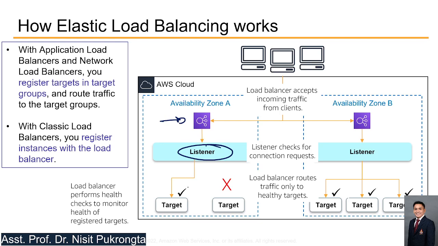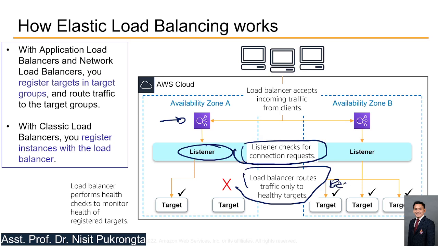The listener will check for connection requests, and the load balancer routes traffic only to healthy targets. For example, if the target is EC2 and it is running, the load balancer will send the user traffic.